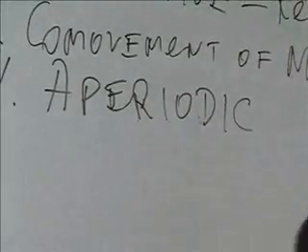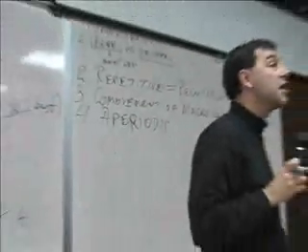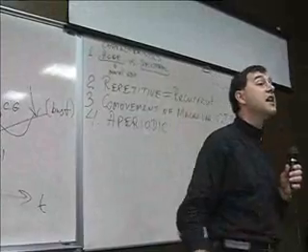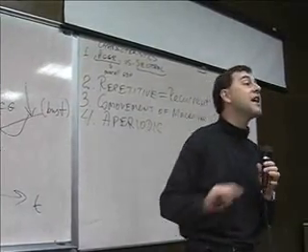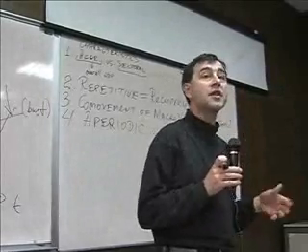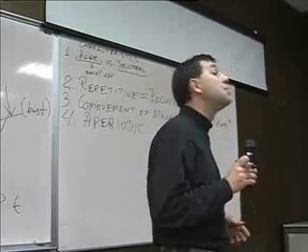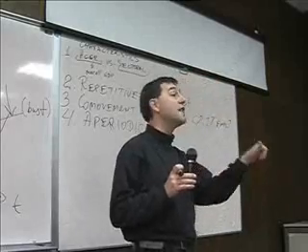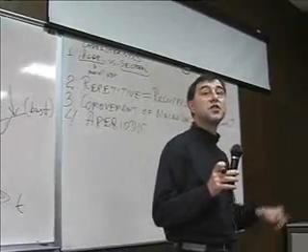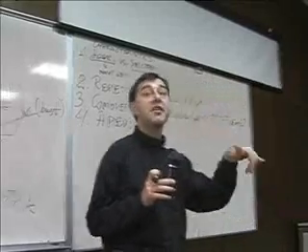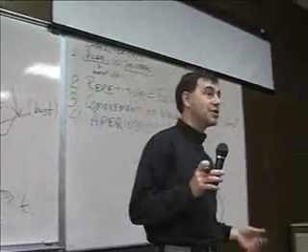The next fundamental characteristic of business cycles is that of aperiodicity. In other words, a business cycle is not periodic. Period is associated with a fixed length of time. A day would be considered periodic, each day having 24 hours.